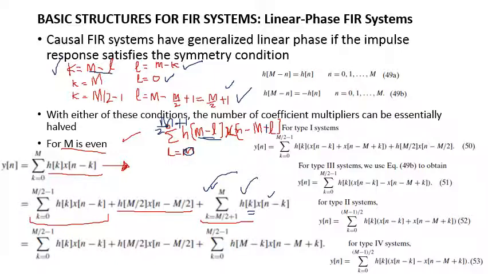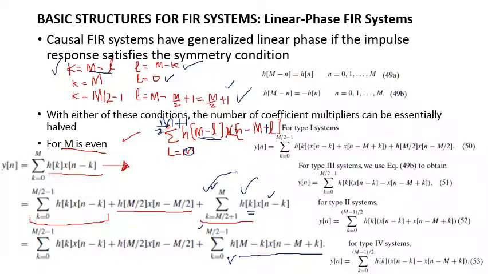Now k is running from 0, and the upper limit is M by 2 plus 1, because there's no change whether we use the variable l or k. So if I replace l by k, then I have this expression. Okay, so I hope that's clear to you.